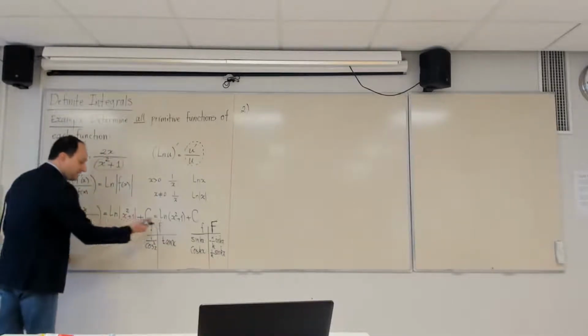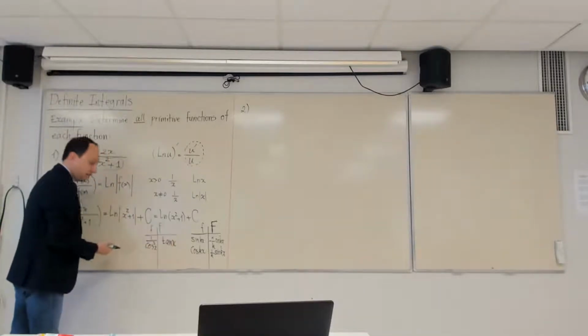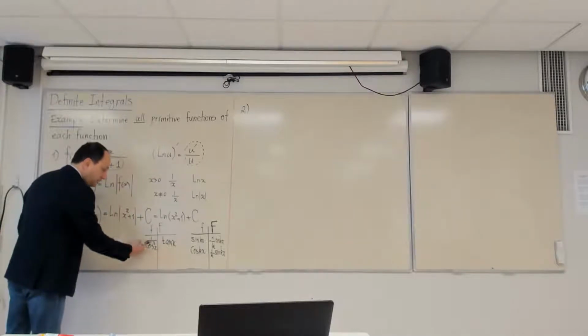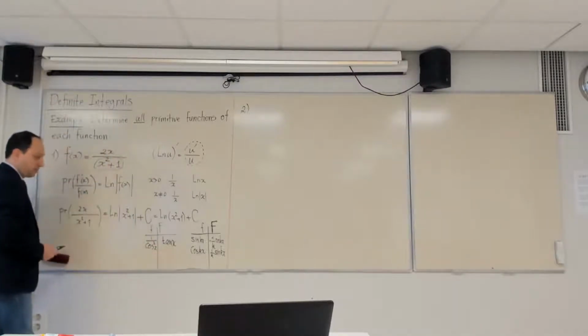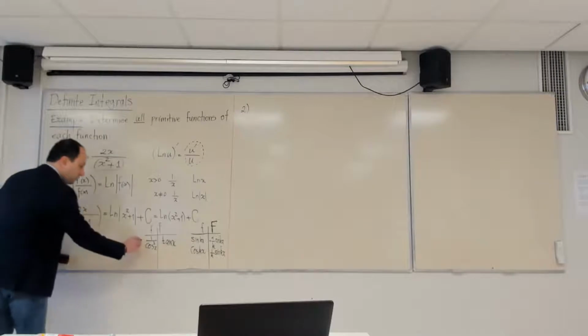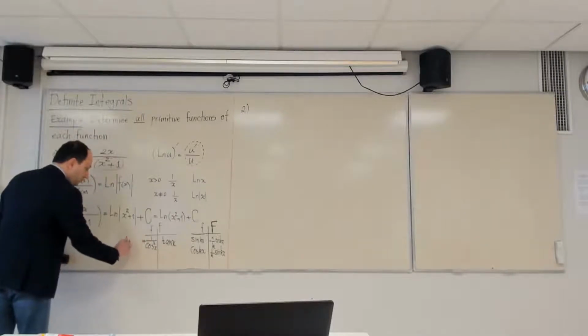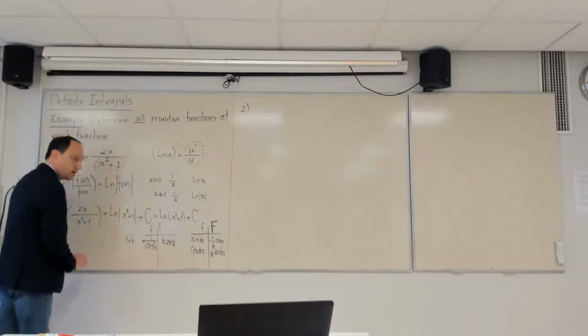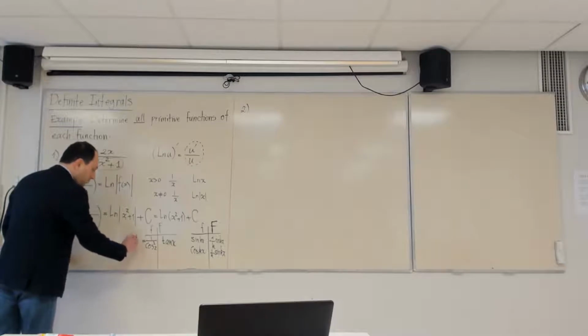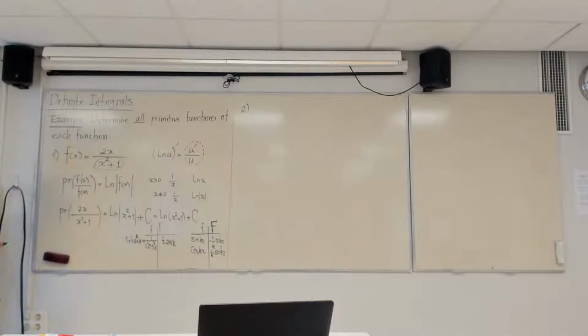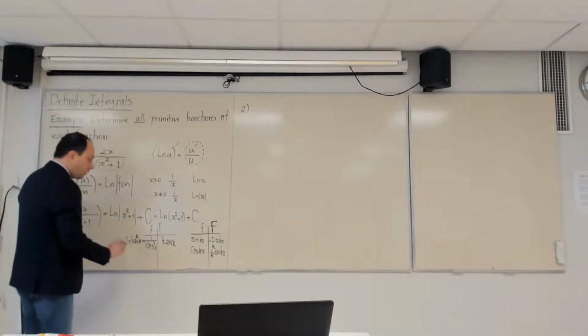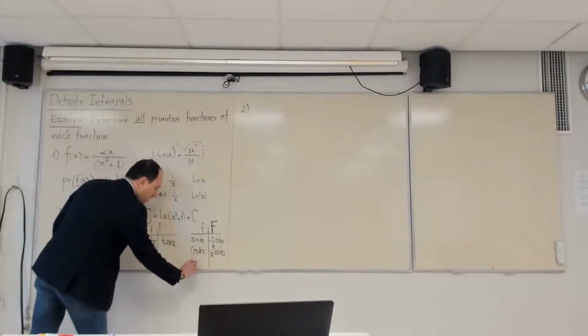So tangent of x is a primitive function for this combination. And I told you that there is another formula. Some books write it as 1 over cosine squared, and some write it as 1 plus tangent squared x.